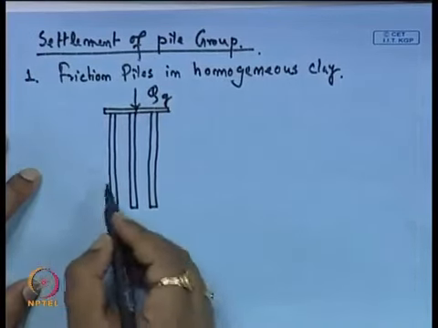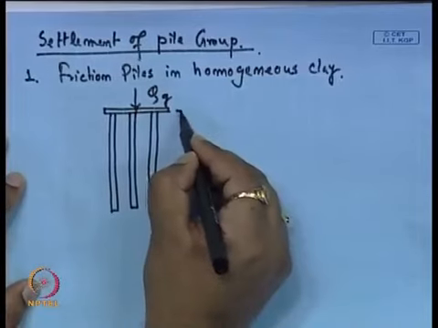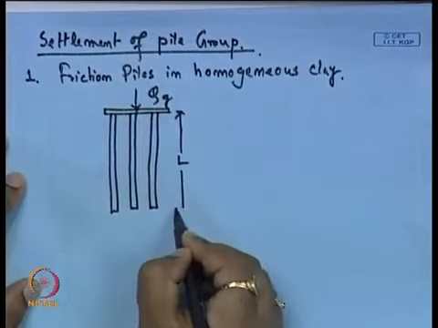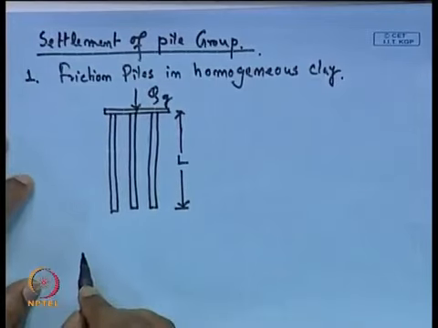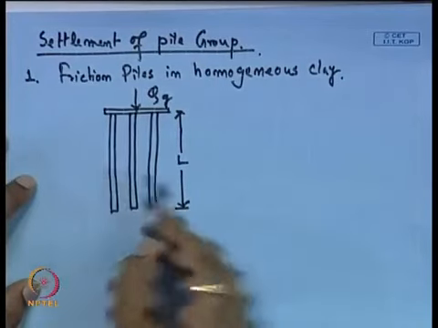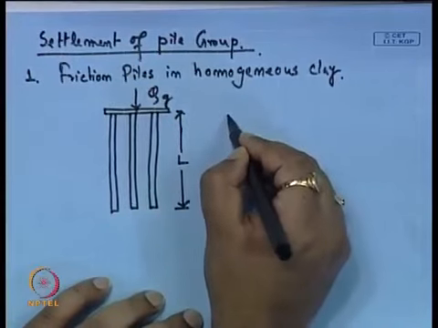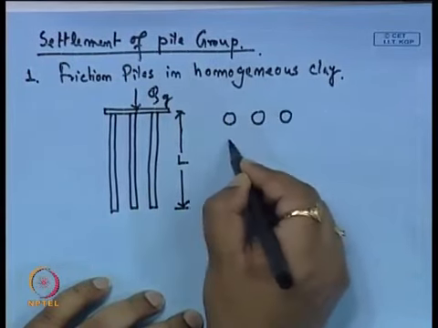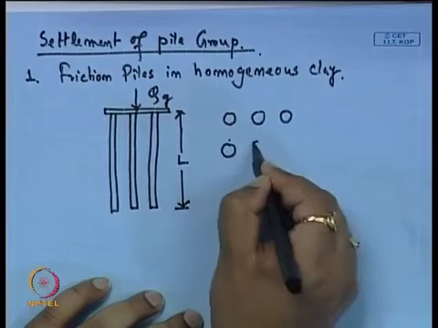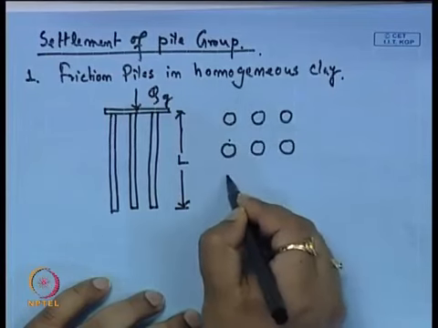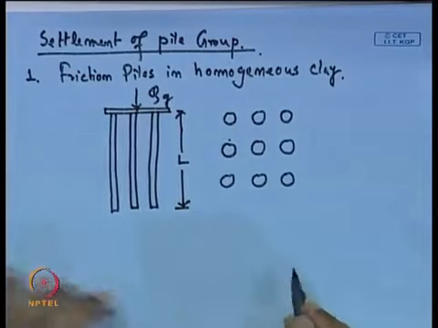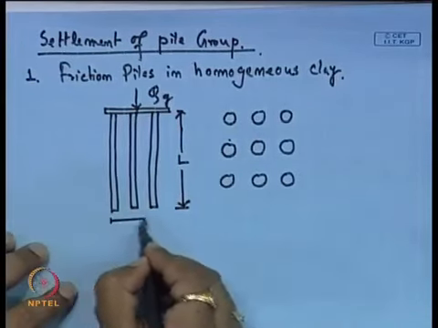So, this is say L. Now this arrangement is say a 3 by 3 pile group arrangement, and this one is B.